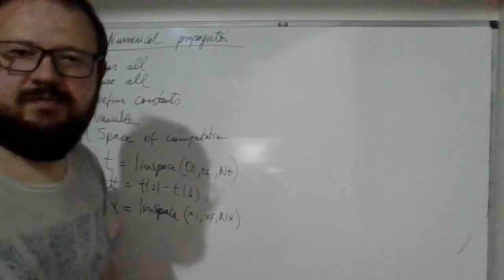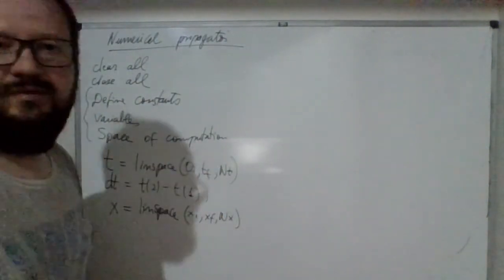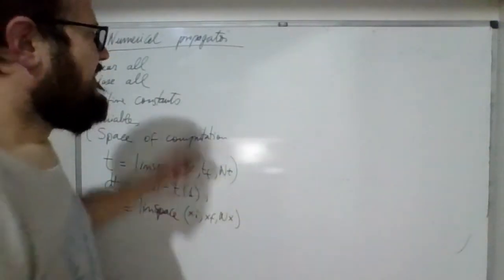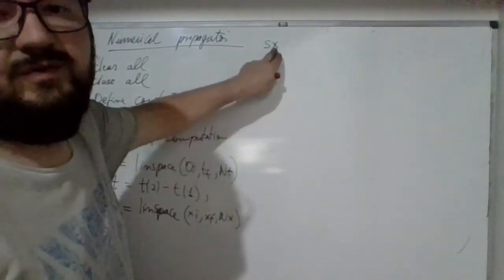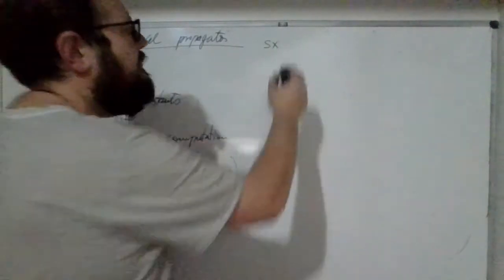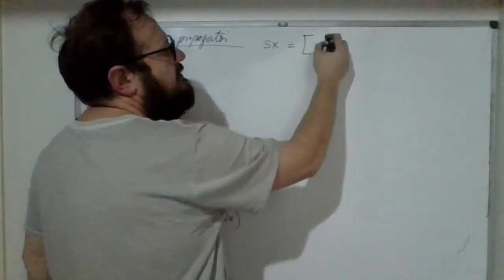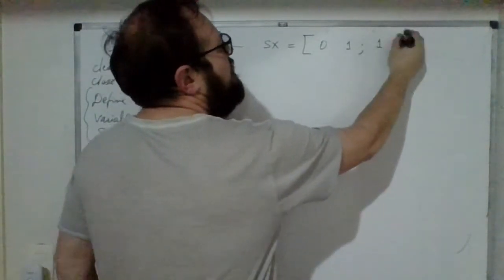Your Hamiltonian can be a spin half Hamiltonian, so this is not needed, and you just need to define the Pauli matrices in your computer. If you need to define a Pauli matrix in MATLAB, suppose sigma x, you can write it the following way: bracket 0 1 semicolon 1 0.